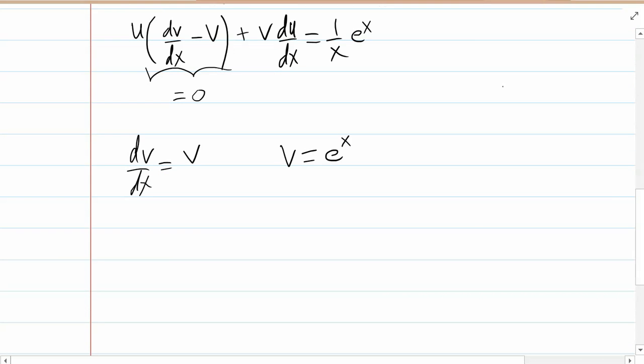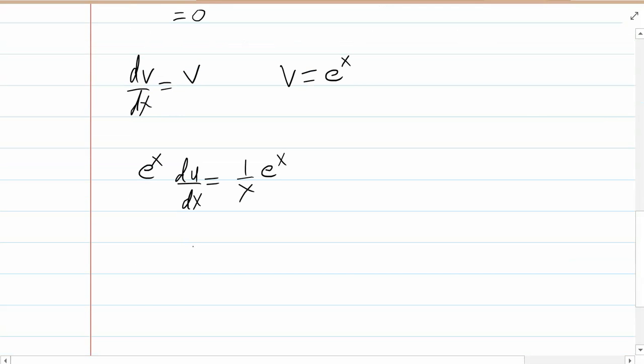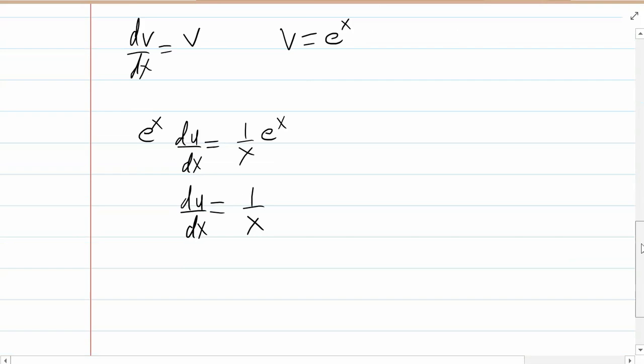We substitute this into equation 2 over here. So that means that e^x du/dx = (1/x)e^x, which simplifies into a very easy equation. This can be solved by a direct integration.